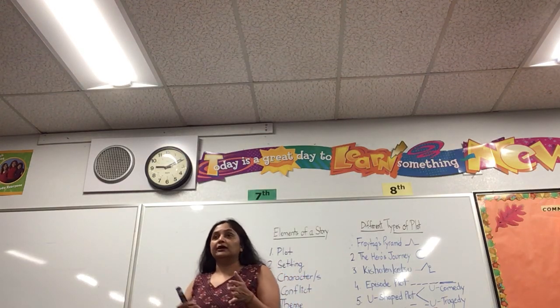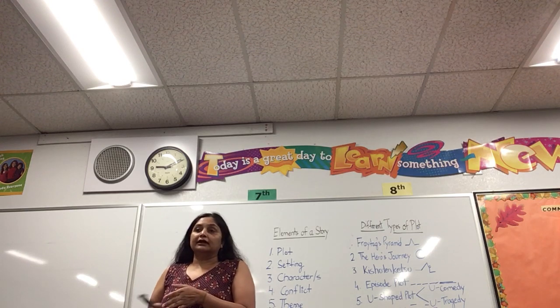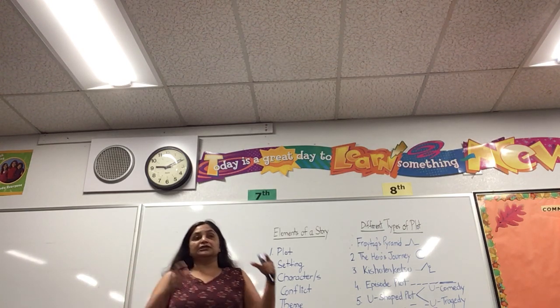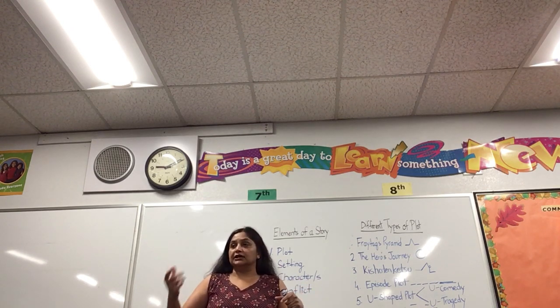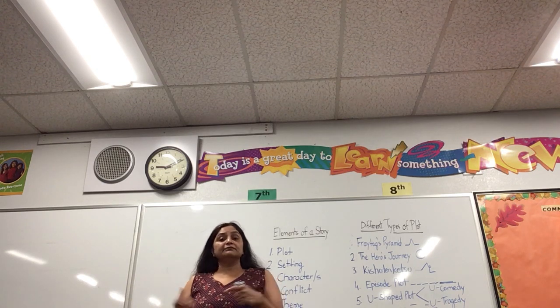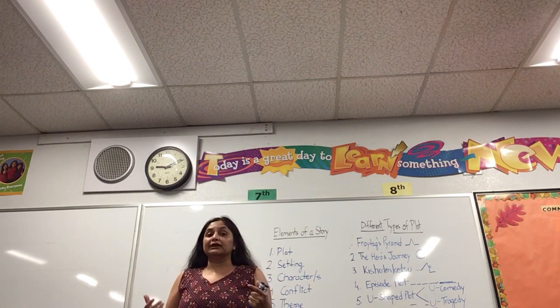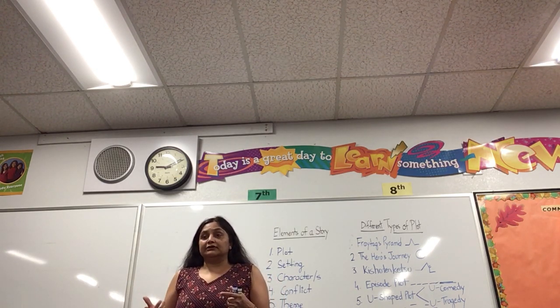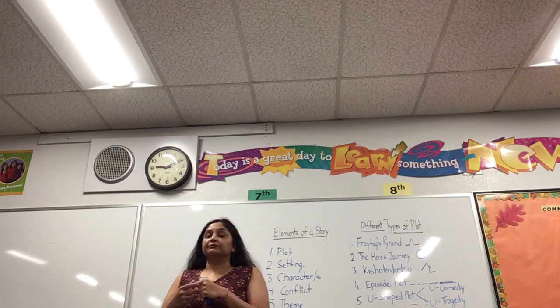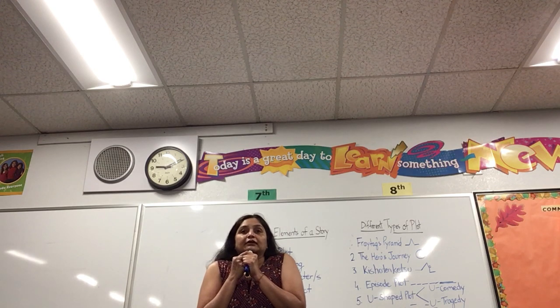Sometimes in the story, it's written directly, like Monday morning, this is happening. So you get to know, okay, it's morning time and it's happening on Monday. But at times, it's not written directly, it's indirectly written. For example, once upon a time, Johnny was shivering.